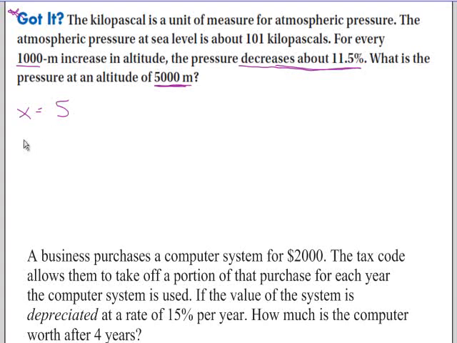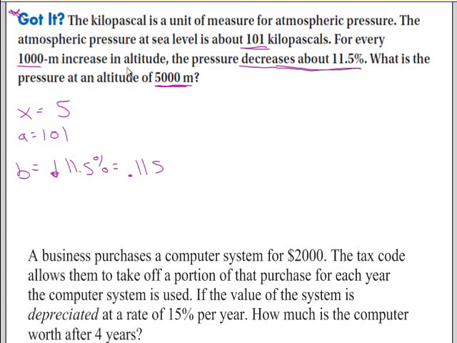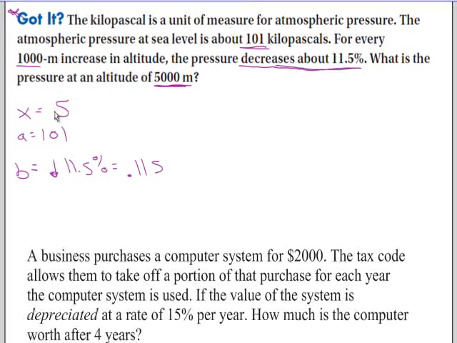Our initial value at sea level is 101, so A is 101. And for B, I want a decrease of 11.5%. And if I use 0.115, this is going to tell me how much we have lost instead of how much we have left.